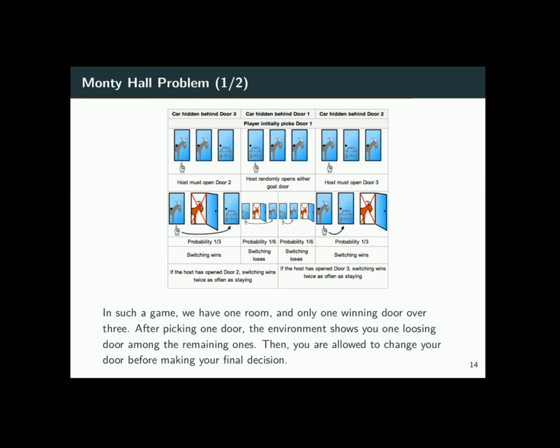So in this scenario, let's suppose that I'm not only picking one door, but I could also have the possibility of knowing whether something is going to lead me to winning or not. So the thing that this game will do, the Monty Hall problem, which is actually a game from the US, is that whenever I'm picking one door, then I have two scenarios.